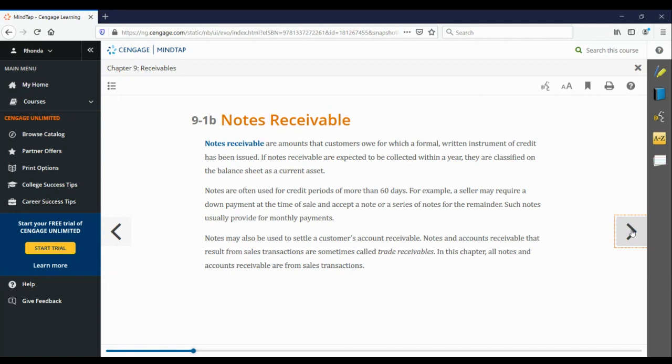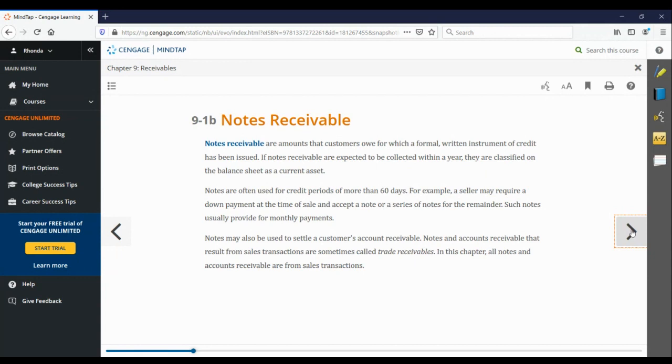But sometimes notes receivable will last for longer than a year, and in that case, we would consider them types of investments. That's a new category of assets that we haven't talked about yet, but you will be learning about it in the future. So if the notes receivable is for less than a year, then we will consider it to be a current asset.